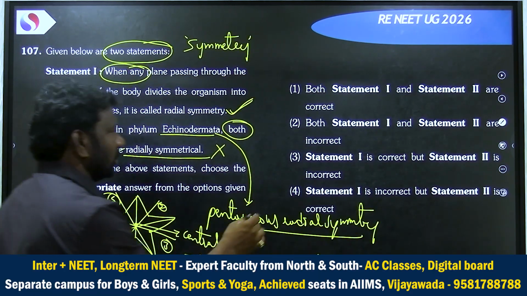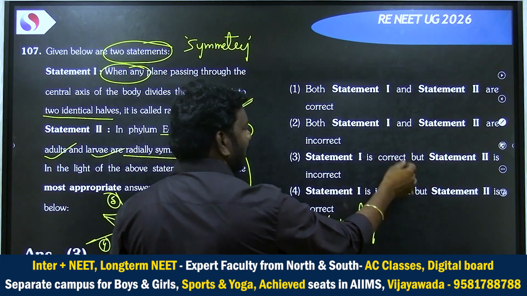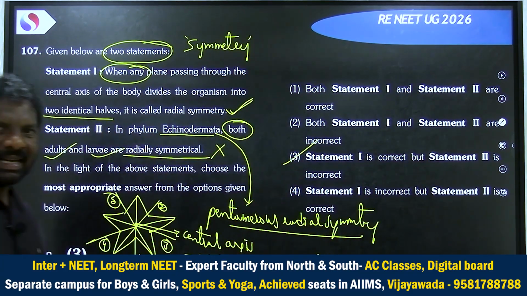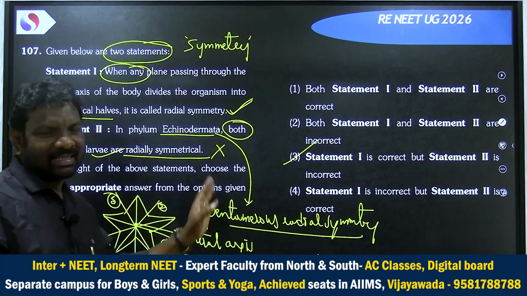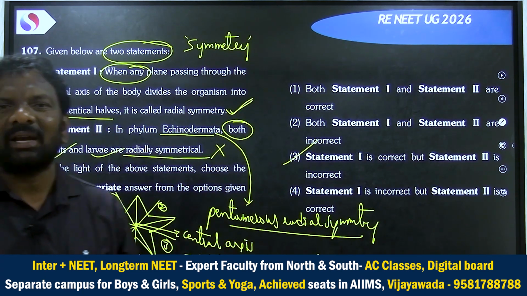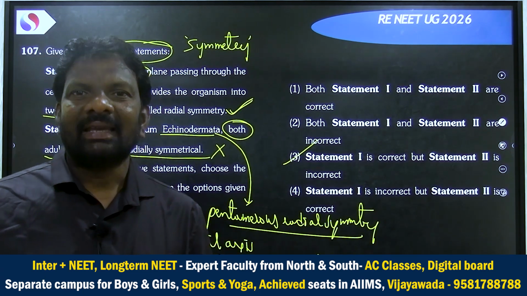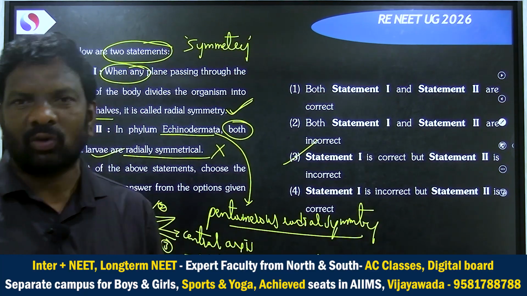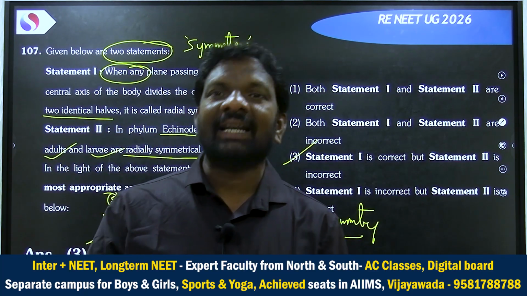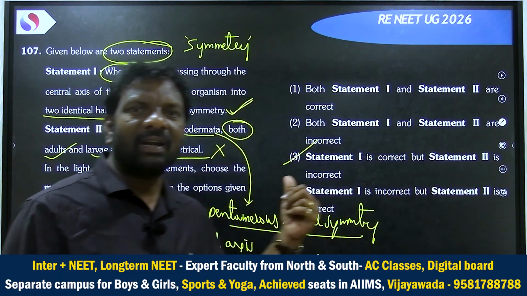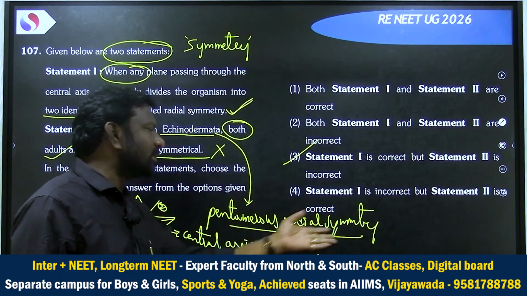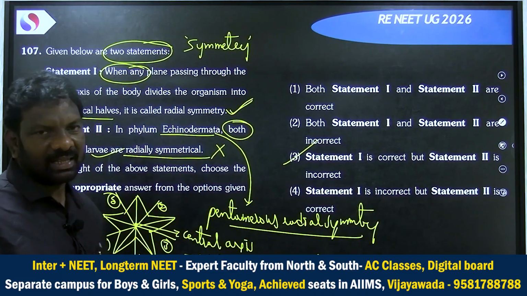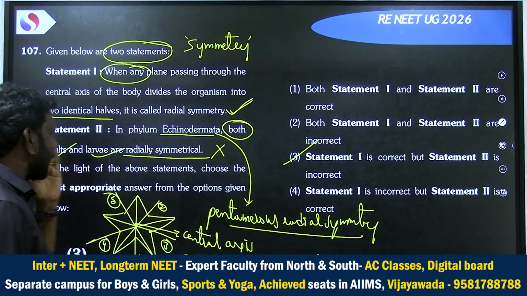So when we go to the third answer, statement 1 is correct, statement 2 is wrong. One more clarity: the symmetry of an animal is determined by the embryonic or larval stages only, not the adult stages. So Echinodermata larva exhibits bilateral symmetry, but adult exhibits pentamerous radial symmetry. That's why the second option is wrong.